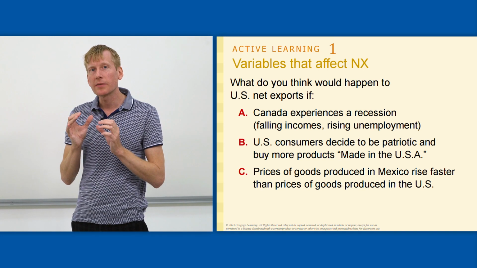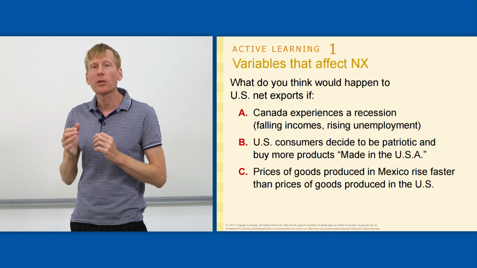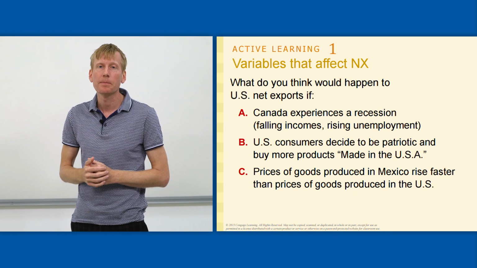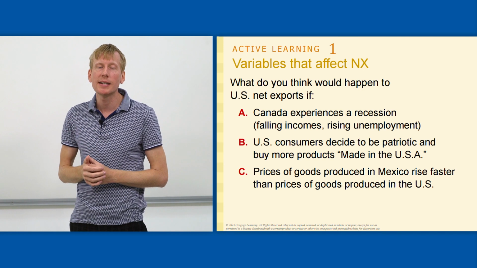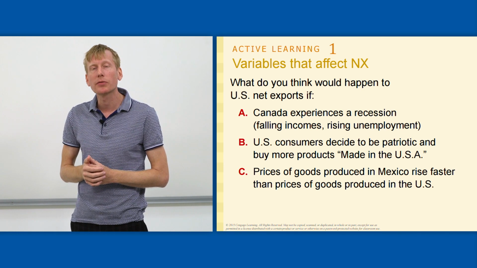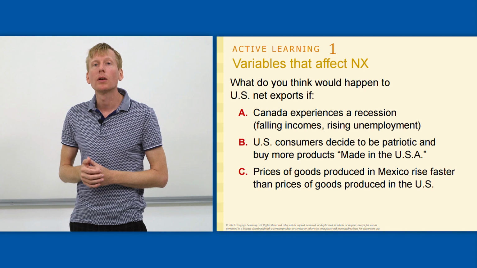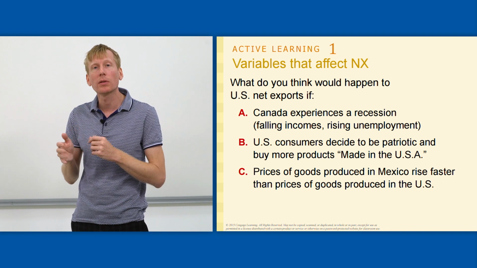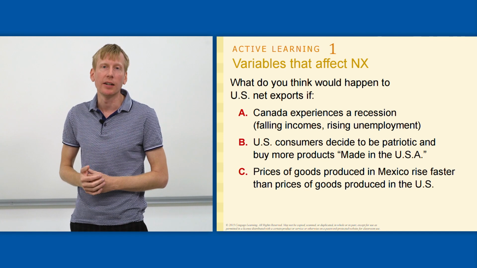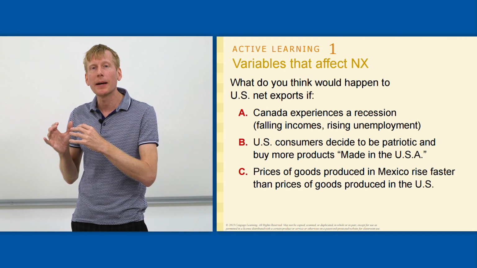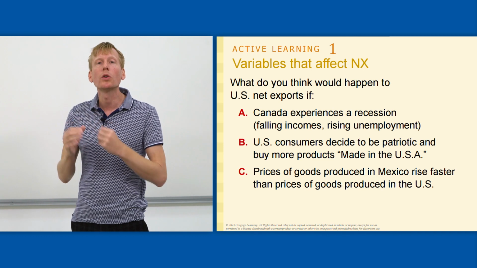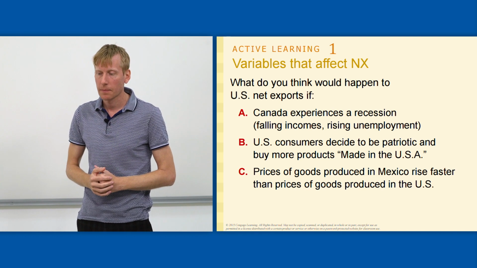So if we have rising unemployment, falling incomes in Canada, an important trading partner with the United States, the most important impact for the United States is that the demand for U.S. exports would fall. So U.S. exports would fall, imports may not be affected at all, but U.S. export demand would fall. Net exports, because exports fall, would also fall.